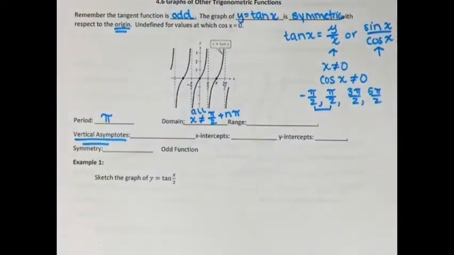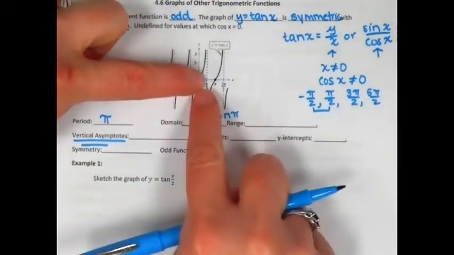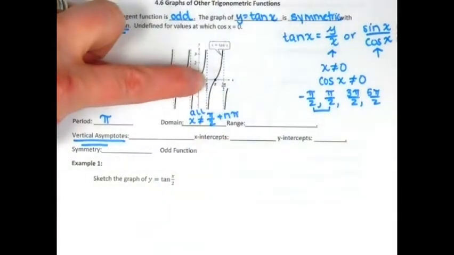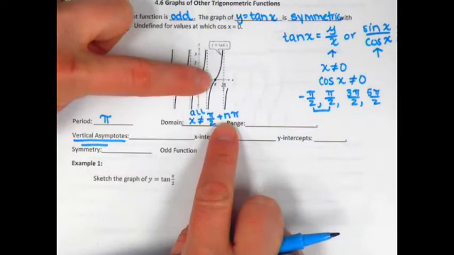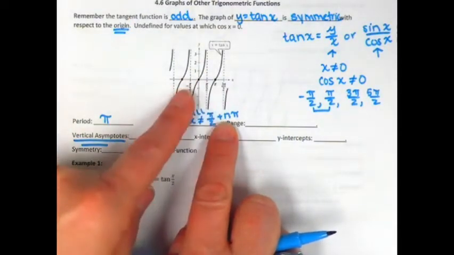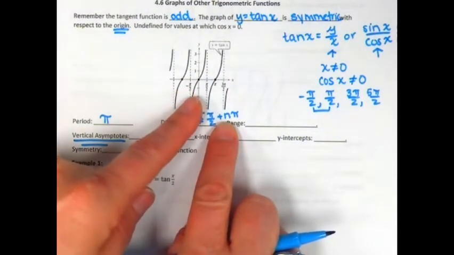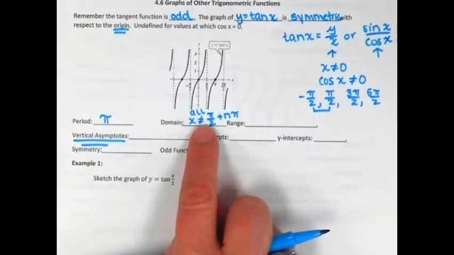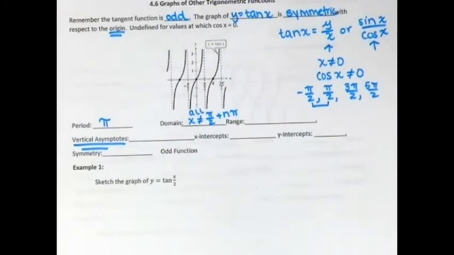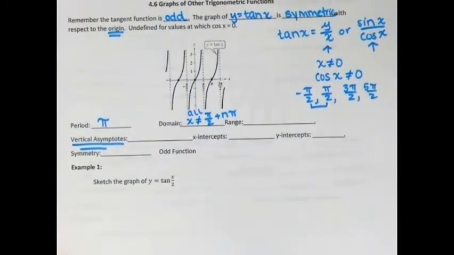And all that means, if you notice, we start at pi over 2, and then we add in a pi every single time. The n just represents an integer. So if we are going negative 1 pi, that would give us negative pi over 2. If we go negative 2 pi's from that pi over 2, that would give me negative 3 pi over 2. Okay, so that's what that represents here.